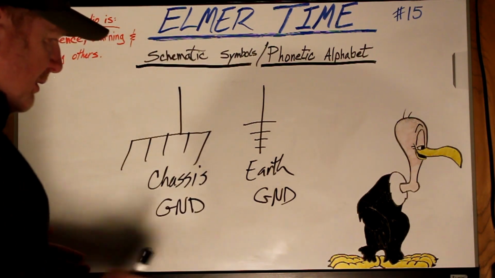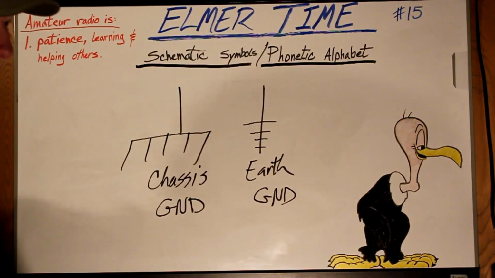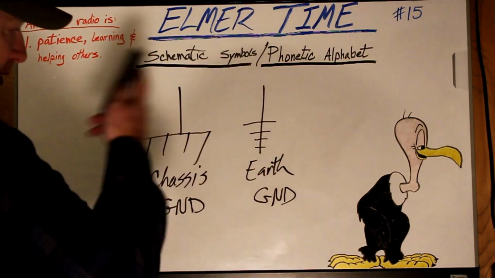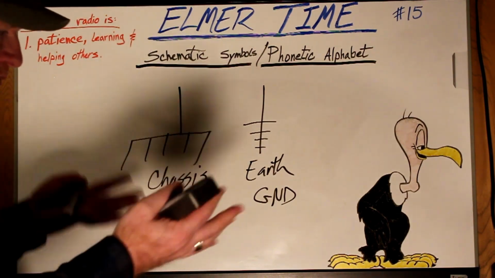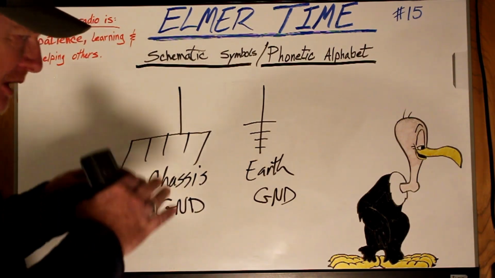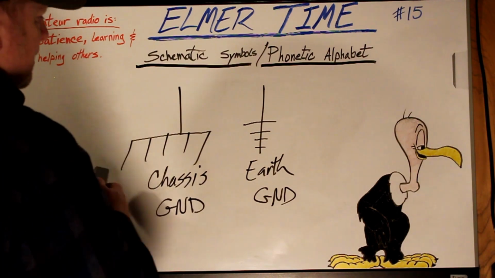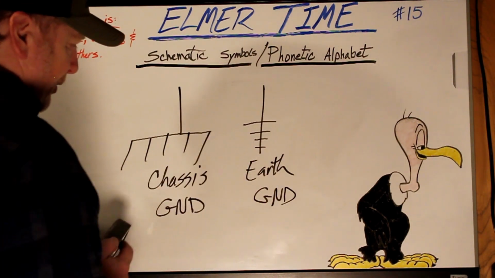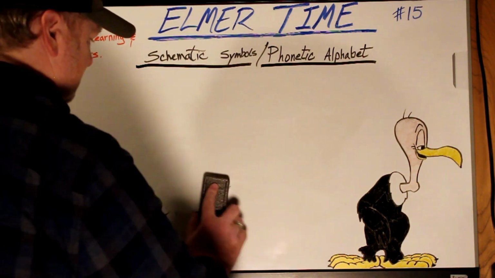They are ground. Chassis ground, of course, is for if you were to have maybe a radio that has a metal chassis, that kind of thing. The ground of the electric circuit board could be also considered earth ground to the chassis. They're both grounds.